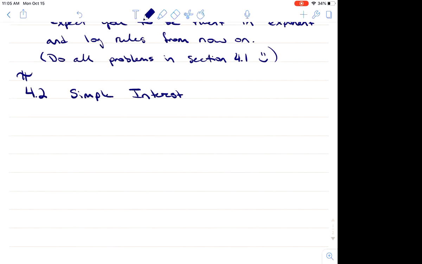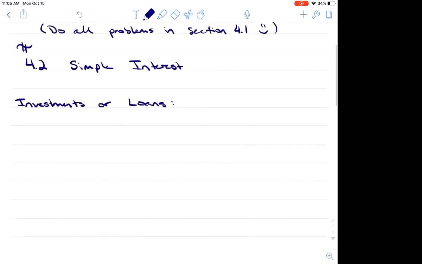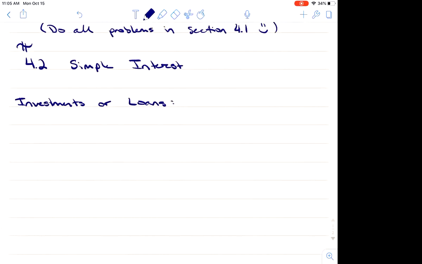So for investments or loans, in general, how do they work at their most basic form?